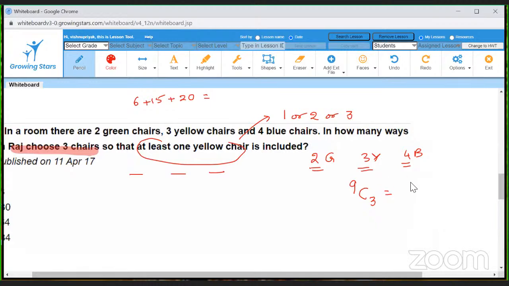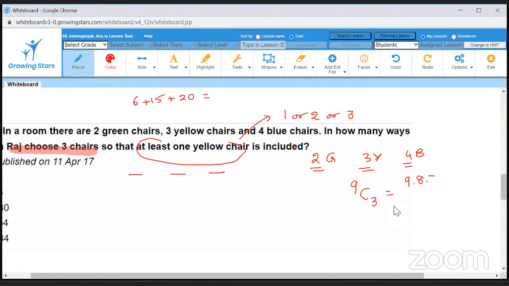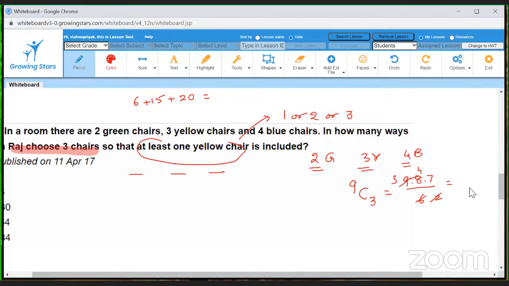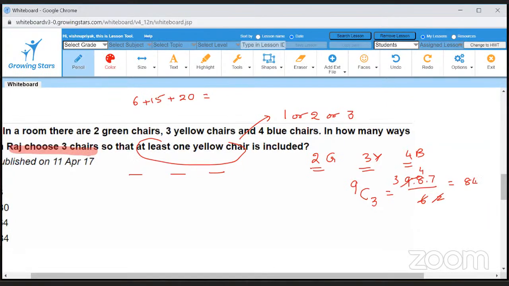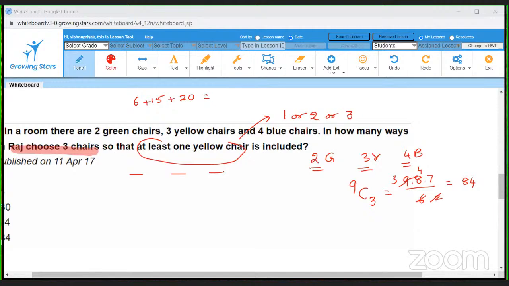Start with 9, take 3 numbers 9, 8, 7 by 3 factorial, that is 6. 3 2s are 6, 3 3s are 9, 2 1s are 2, 2 4s are 8. That makes 84 ways in total. There is no condition about the 3 chairs. We can select any chair.